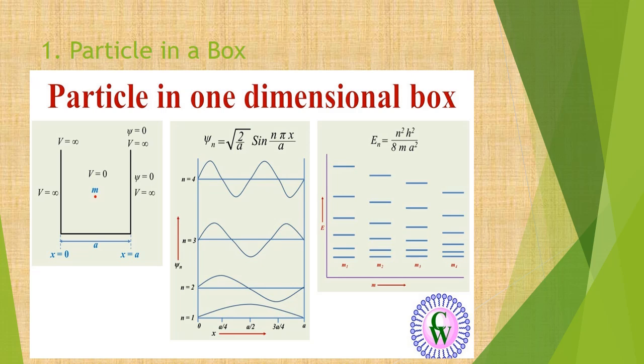For each value of n, there is an energy level and the corresponding wave function is psi n equal to root of 2 by a sin n pi x by a.